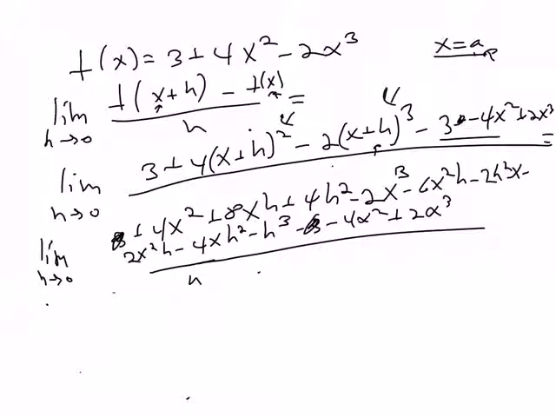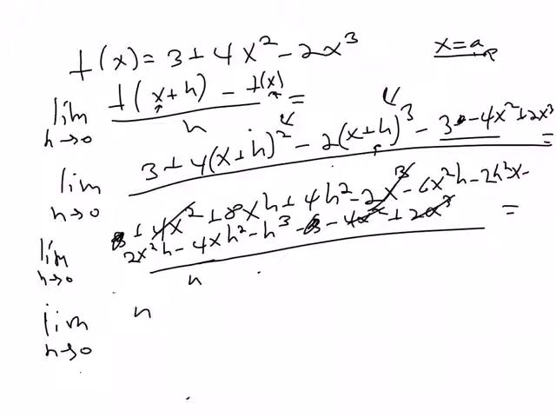So now, okay, let's see. So this and this are going to cancel. And finally, this and this are going to cancel. So this is going to equal the limit, and now I'm going to take out an h while I write this.